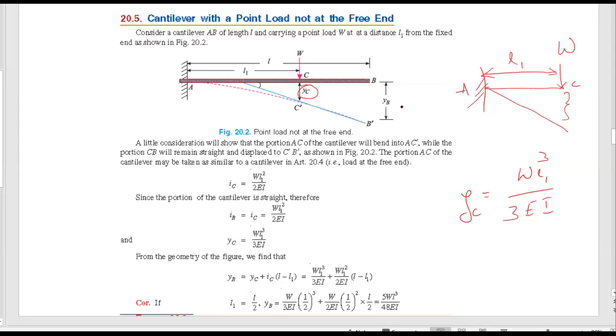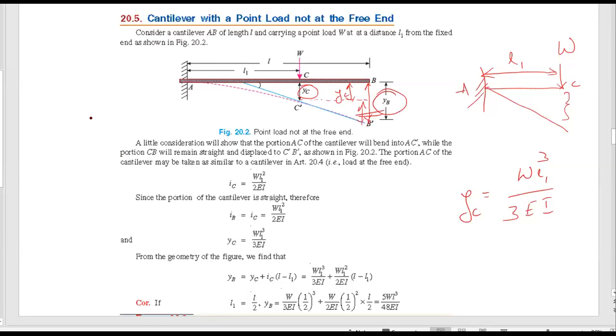Now I need to find the deflection at the free end. To find it, I am considering the total deflection at the free end as YB, and we know this height as YC. Therefore, the remaining height I need to find out.